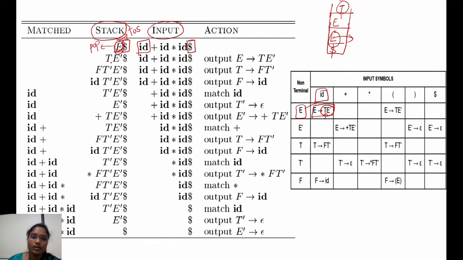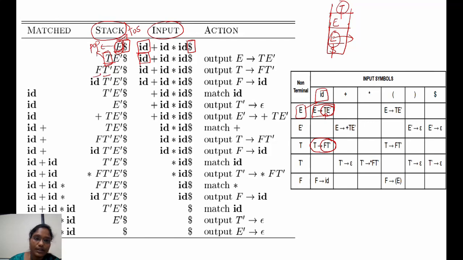Now we have the top of the stack as T, and we have the input as ID. So still we have a variable. Again we need to go and check in the table what is T on ID. We have a production here in the table: T gives FT dash. Similarly, we need to pop this, and it is replaced by the body of the production, that is FT dash, in the reverse order.